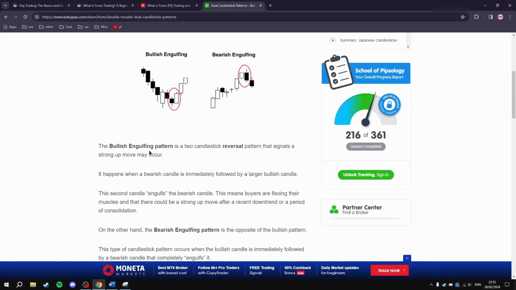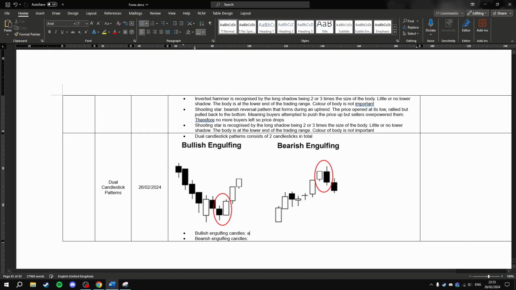Bullish engulfing. The bullish engulfing pattern is a 2 candlestick reversal pattern which signals a strong up move could occur.